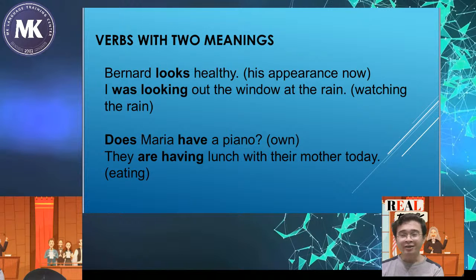So that's why, with these verbs that have two meanings, we can now differentiate the stative verb from the dynamic verb, even though we are using the same verbs, because in the sentence they have different meanings. Most students have difficulty differentiating the meanings of these verbs, because when they hear one word, for example the word look, in their mind they are fixed on only one meaning of the verb. But if you use the other sense of look, it also has another meaning.